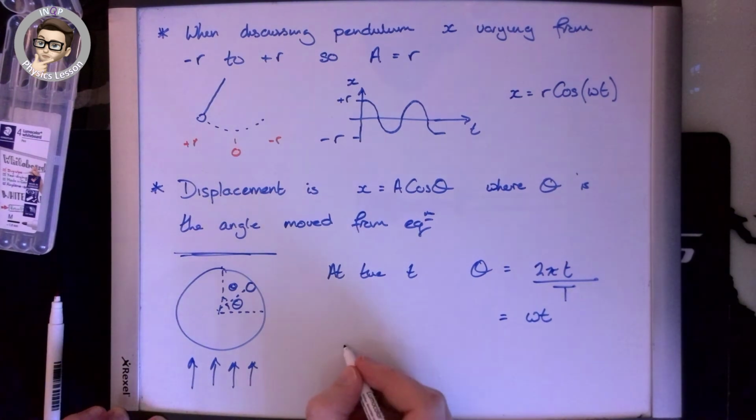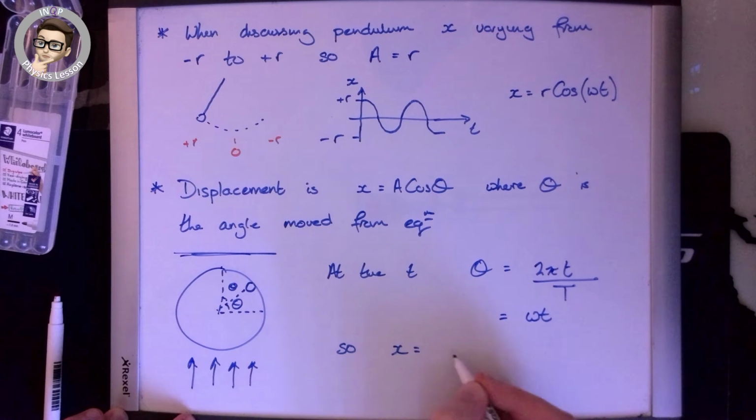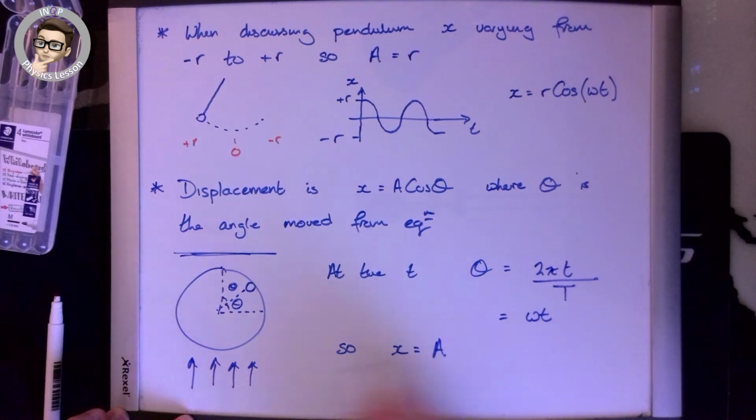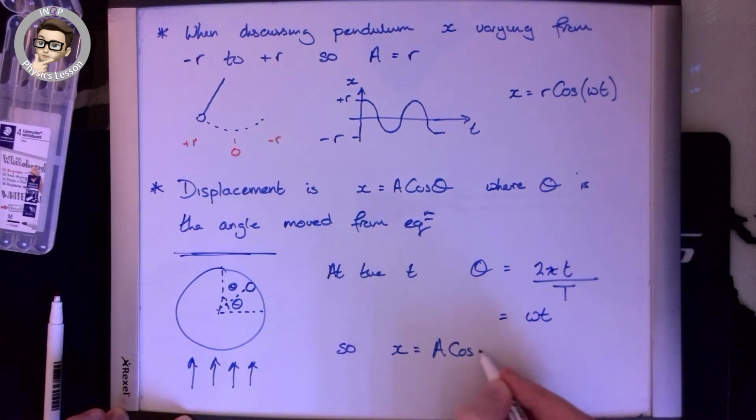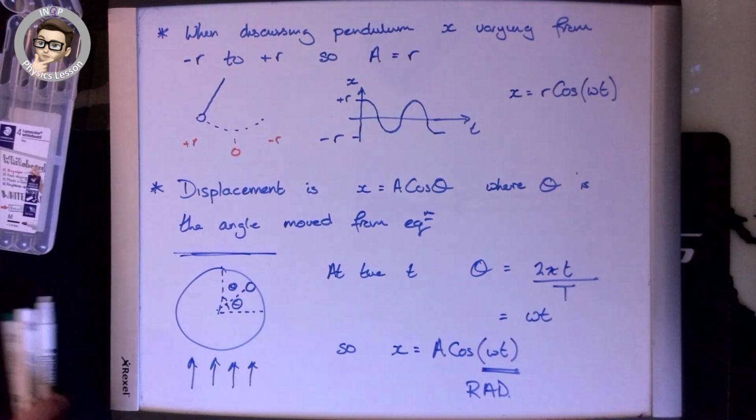So therefore we can say that the displacement is going to be a cosine omega t, where that omega t is in radians. So you must make sure your calculator is in the right mode to get the answers for it. Okay, so that's the end of the theory.